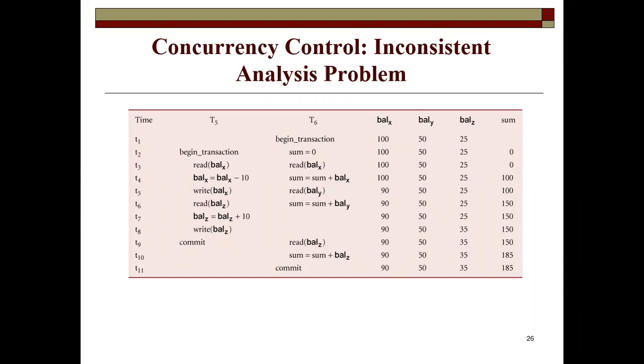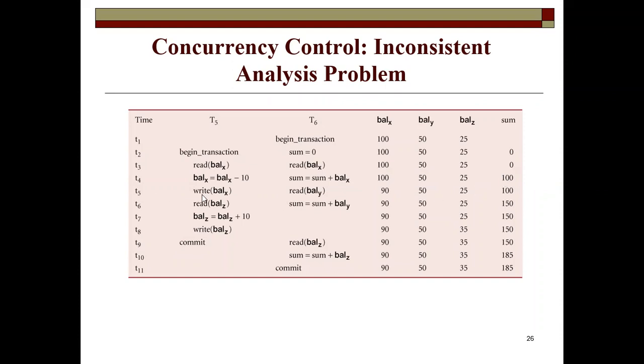And therefore, at this particular point, we have 100 for X, no change has been made. We have balance 50, 25 for Y and Z, and our sum is reading 100.